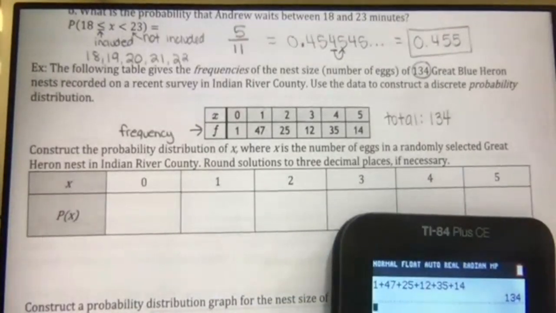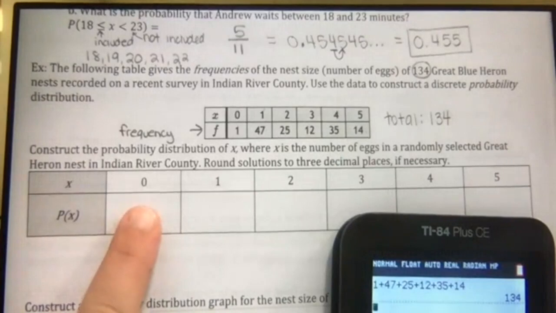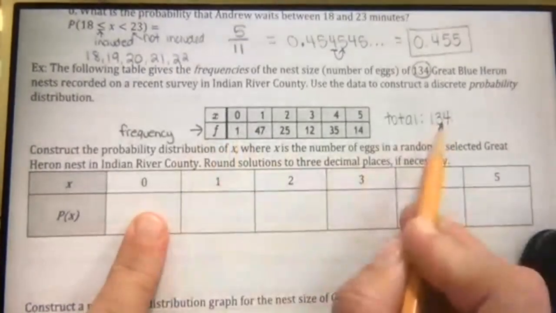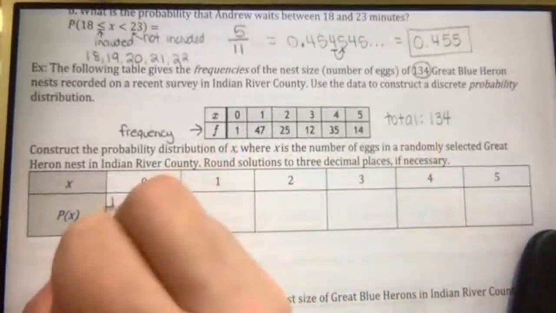So construct the probability distribution of X, where X is the number of eggs in a randomly selected great blue heron nest in Indian River County, rounding to 3 decimal places as needed. So what's the probability of having 0 eggs? We know there's 1 of those out of our total 134.